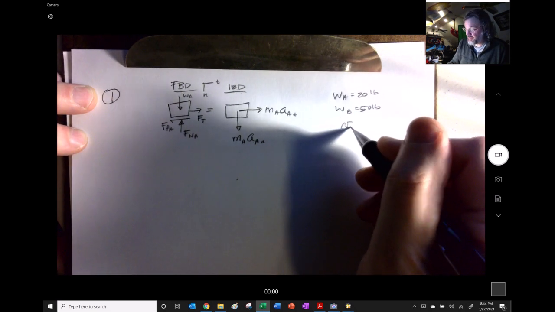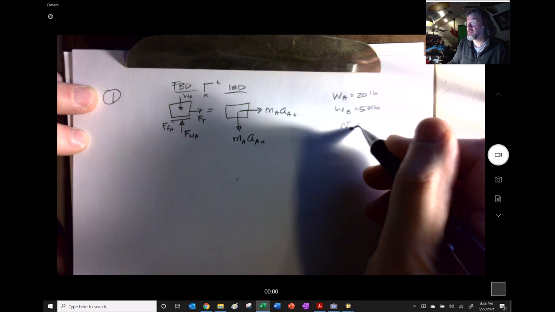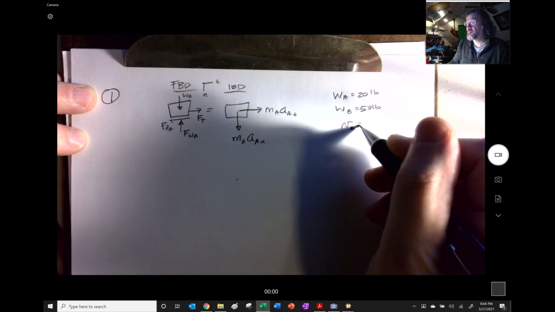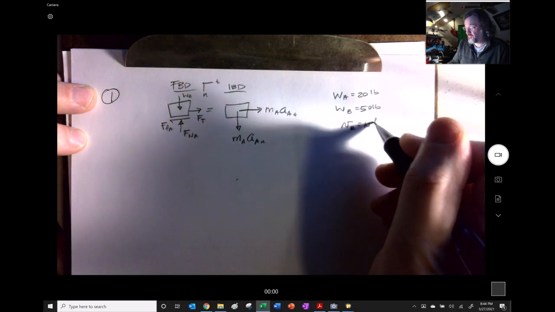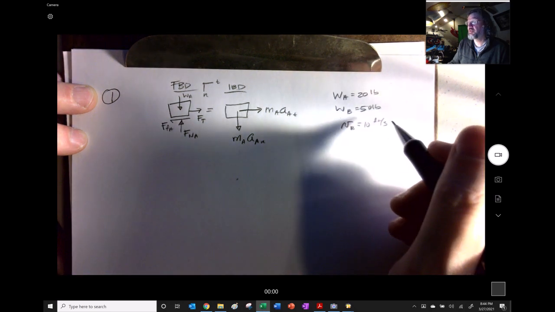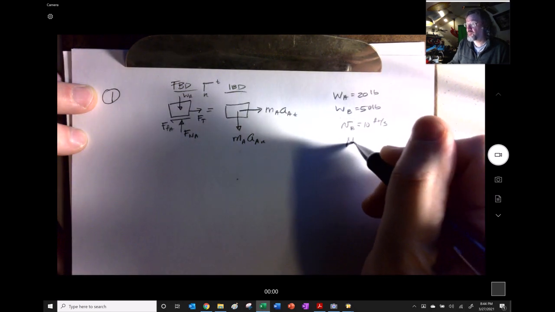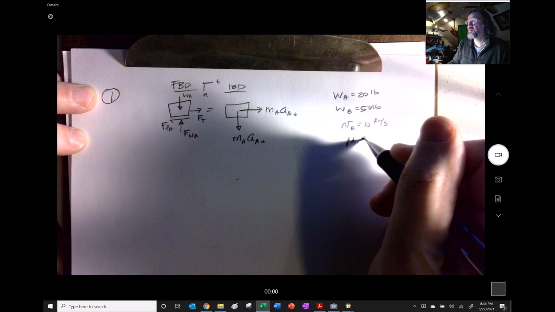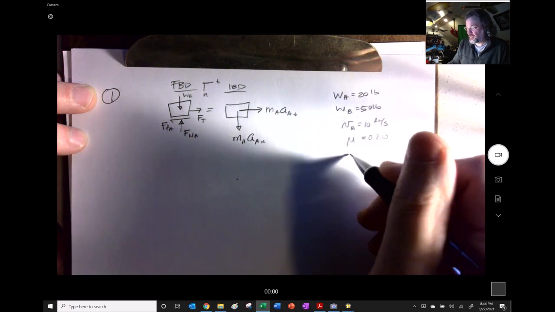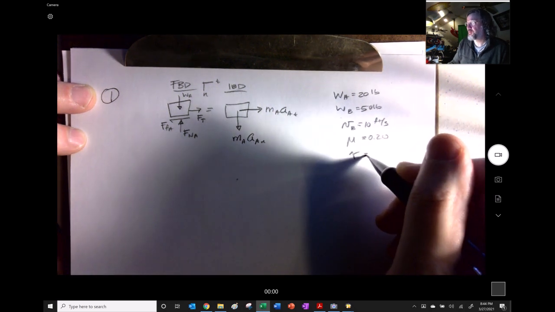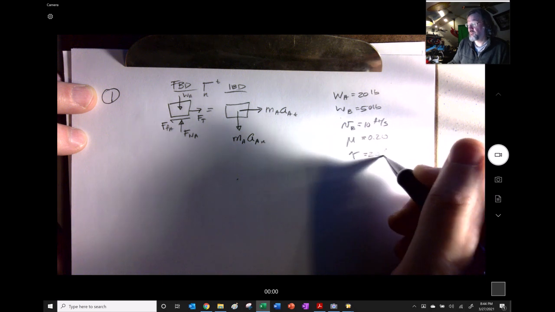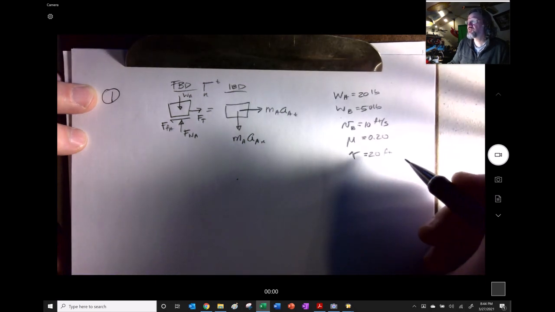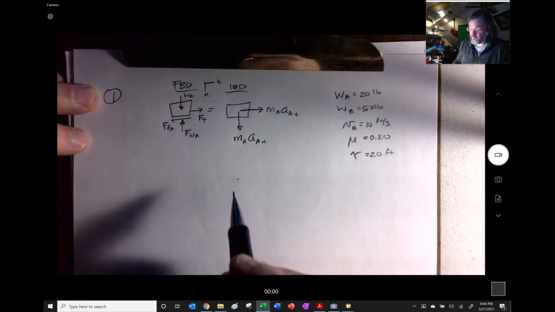The velocity of B, which is also the velocity of A, I decided not to make this thing a pulley here, is 10 feet per second. And I had the coefficient of friction was going to be 0.2. And I had the radius of the hill was 20 feet. I think everything else is stuff we can figure out.